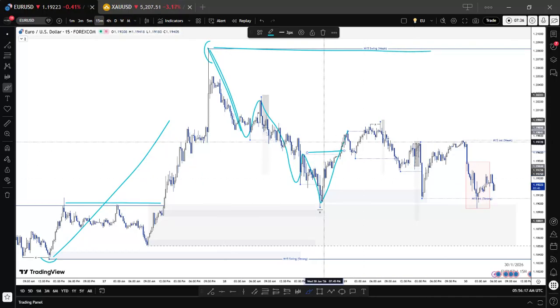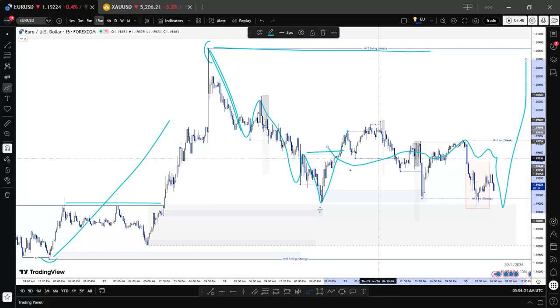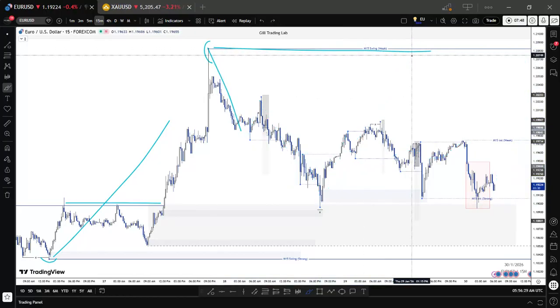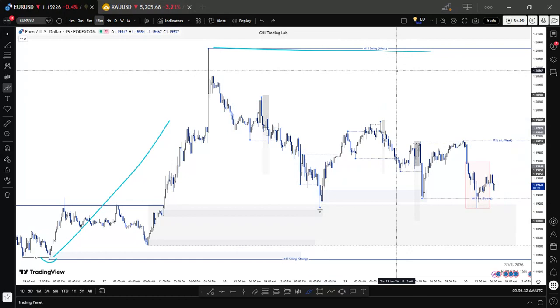Price can still mess around here before it goes. So it's not a guarantee that after a break of structure, an internal break of structure, price is now likely to target that high.